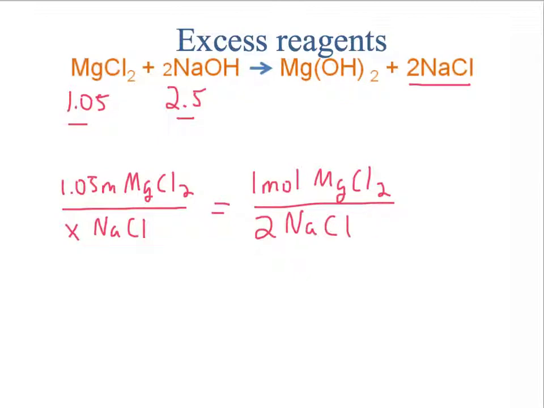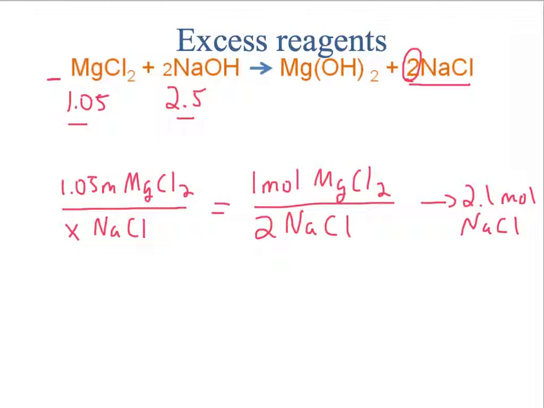And that comes from the 1 that's implied here and the 2 that we get here. If we solve that, we get 2.1 moles of NaCl produced from 1.05 moles of magnesium chloride.